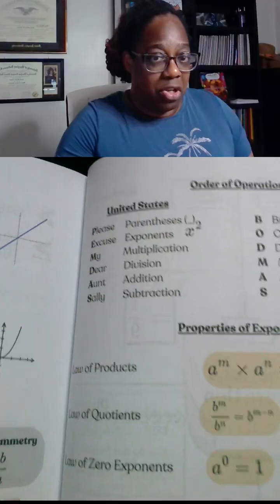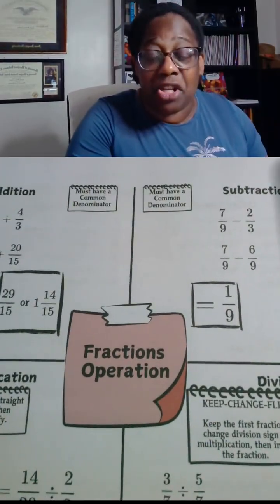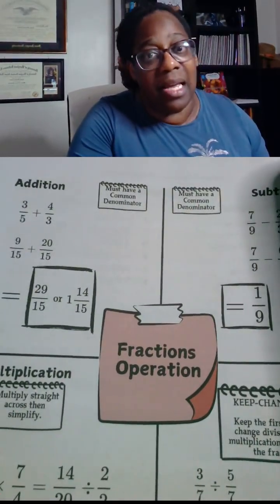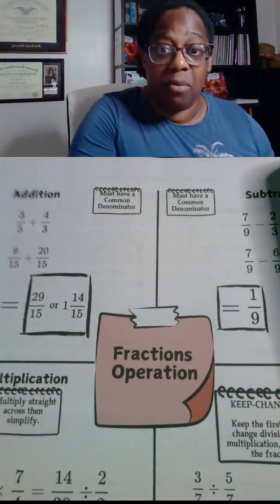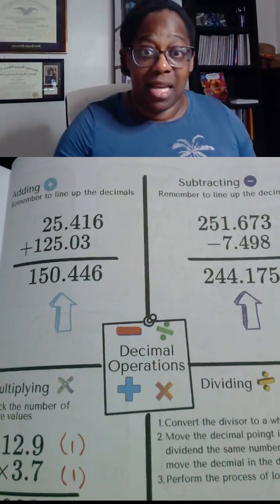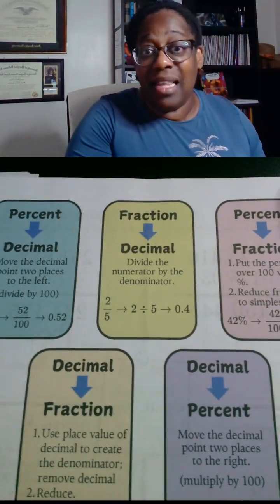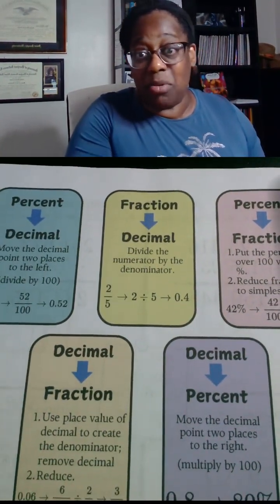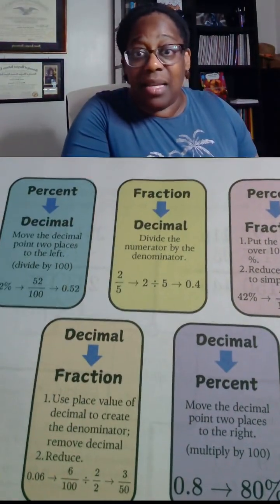Then the traditional order of operations, like the linear inequalities, but then I added the fraction operation. I'm noticing a lot of people, adults, students, are still struggling with fractions. So I put some examples of fractions as well as decimal operations in there. Then your place value, and a lot of people are still struggling with this: percentage, decimals, going from one to the other.